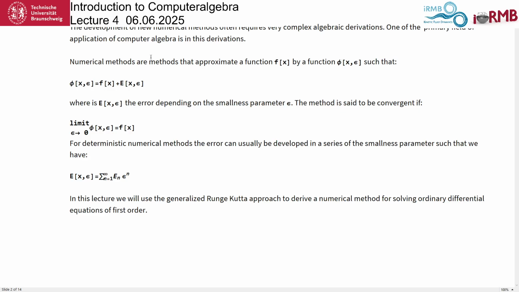Now you say that this phi of x gives you the solution f of x plus an error, which would always be true, because you can write it the other way around. The error is unknown, so if this is a number and this is a number, they give a different number.